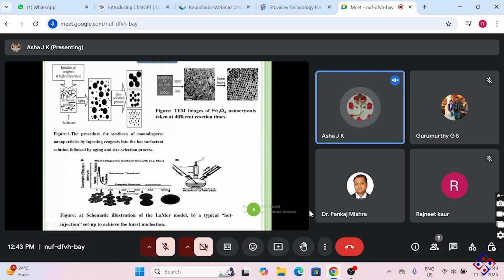The precursor concentration increases rapidly due to the reagent injection, which rapidly increases the number of nanoparticles. After it reaches the nucleation threshold, it falls and a growth phase takes place. After the nucleation, the concentration drops below the nucleation threshold.